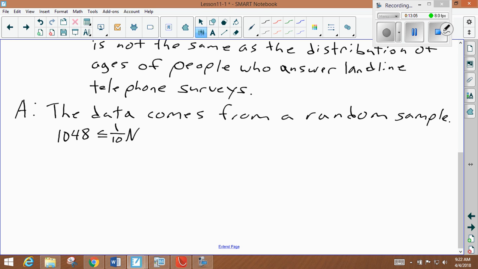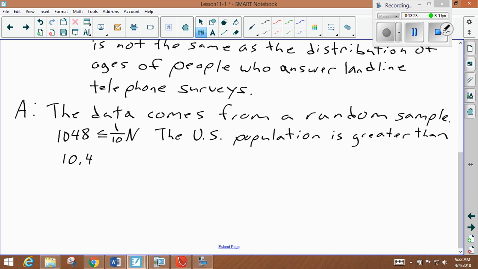Because the U.S. population is greater than 10,480, that checks.